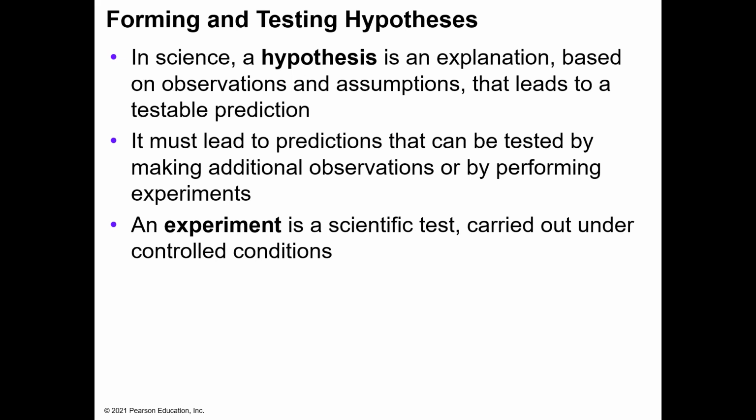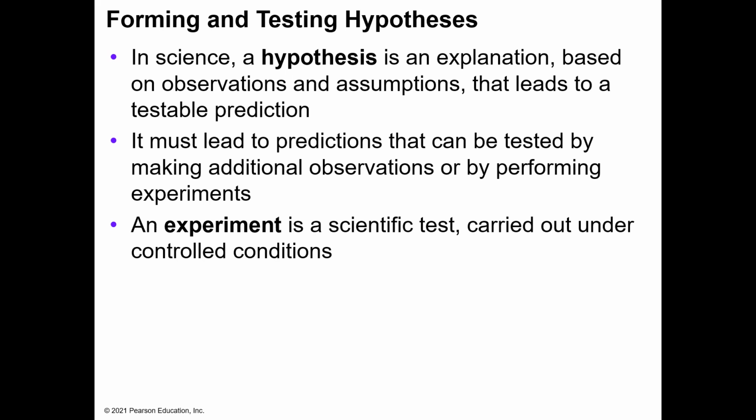So forming and testing hypotheses is the next step in the scientific process. The first one is usually making an observation. In science, a hypothesis is an explanation based on observations and assumptions, and that explanation has to be testable. It leads to a testable prediction. It must lead to predictions that can be tested by making additional observations or by performing an experiment.